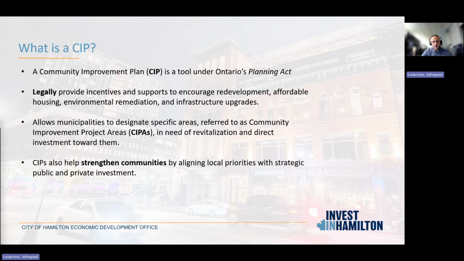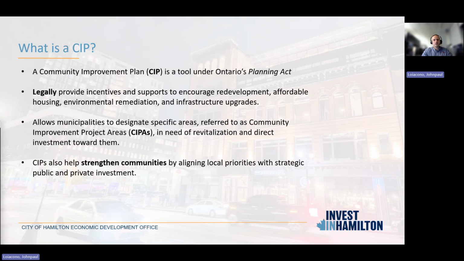As part of the CIP process, and part of developing a CIP, municipalities also designate the specific geographic zones and boundaries where the improvements are being targeted and where the programs are therefore eligible to be used.